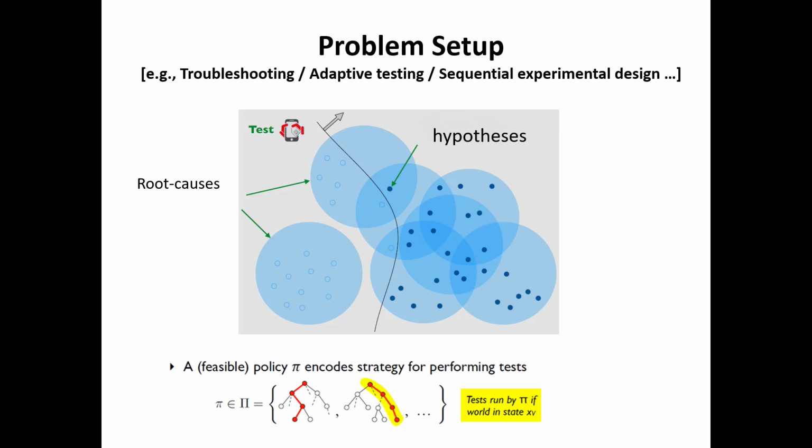Whenever we perform a new test, a subset of hypotheses which are inconsistent with the outcome of the test are removed or eliminated. As you see here, for example, we have performed a test in an interactive troubleshooting application, and the hypotheses which are at the left are inconsistent with the outcome, and they are removed.